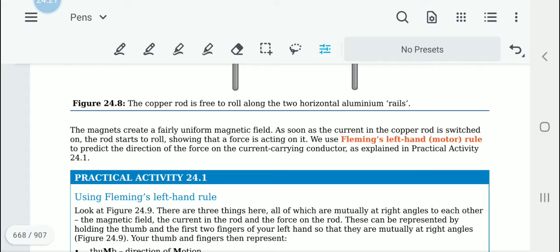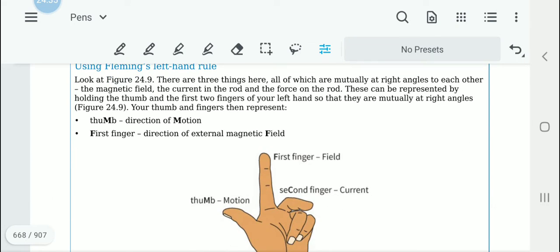Then Fleming's left-hand motor rule explains how we could identify the direction of the force when the field created by a conducting wire interacts with another magnetic field.